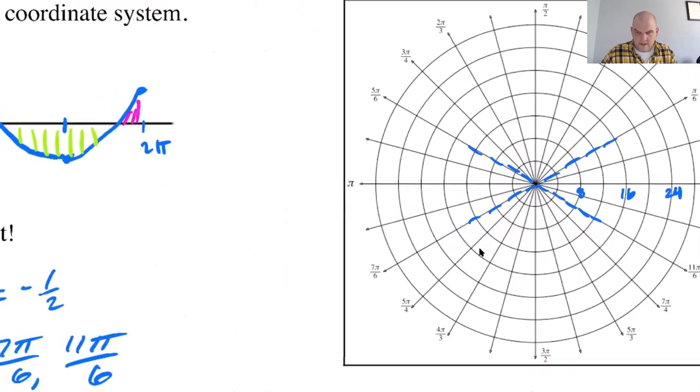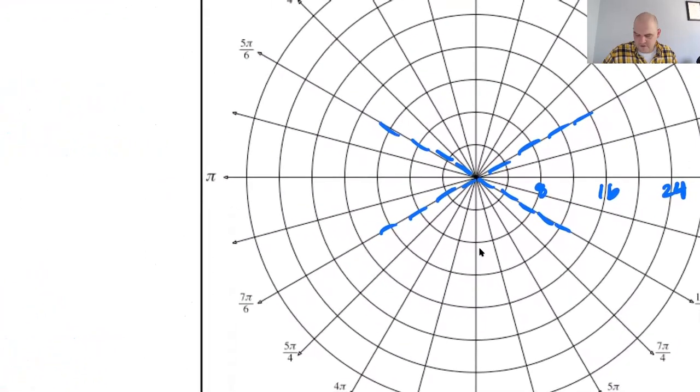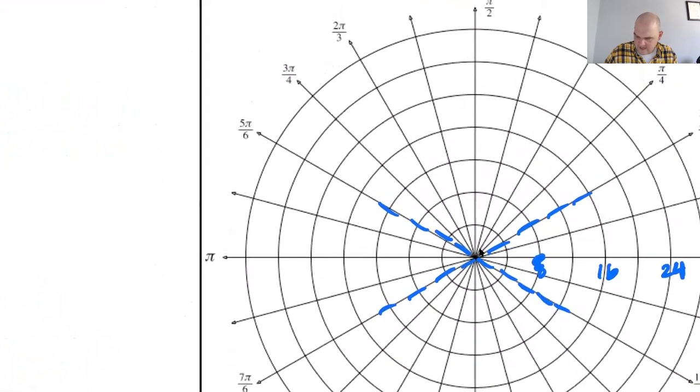Okay. So when theta is equal to 0, r is equal to 8. So we go there. And when theta is equal to pi over 2, r is equal to 24, so that's going to be there. I'm going to start here and go out to there. Then when theta is equal to pi, I'm back at 8, which is there.